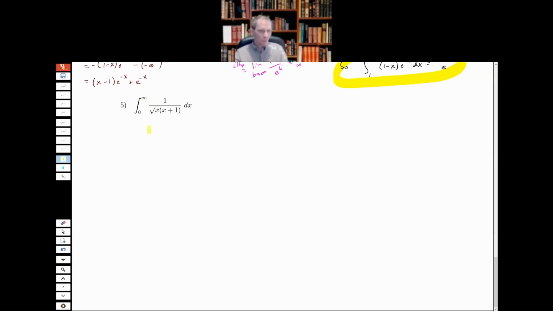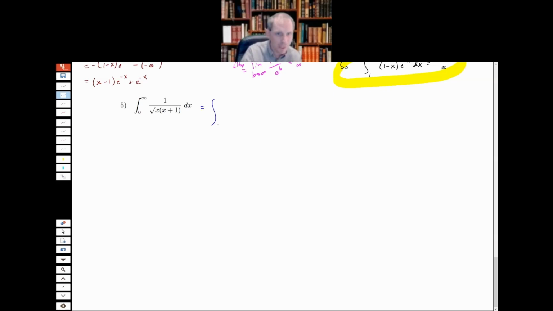Okay. So what we can do here is break this up into two separate integrals. And that's, again, probably the least confusing way to do things. Or you could just have one integral where you replace the 0 with an a and the infinity with a b, and you have sort of two things going on. So it's kind of like two limits at the same time. That might be a little bit confusing, so I'm just going to do this in what I think is the least confusing way.